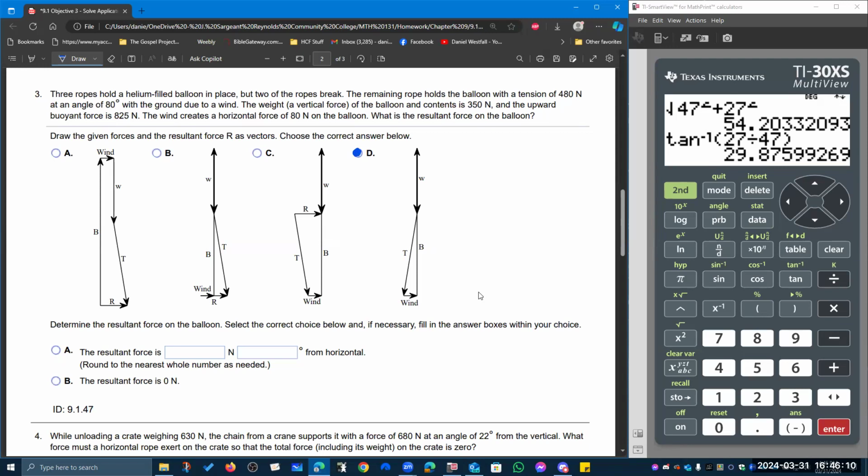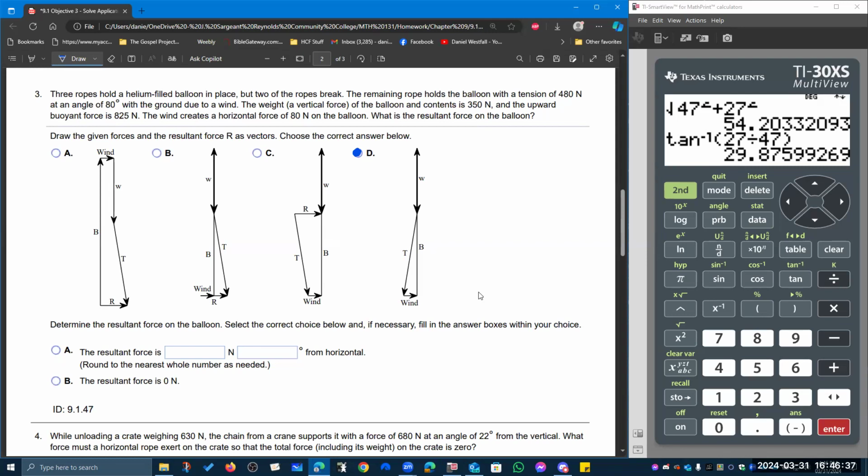And the tension is in such a way where it balances out these other forces. And they want you to see that the wind zeroes out this part of the buoyancy, and you're left with this right triangle here that forms a closed loop.